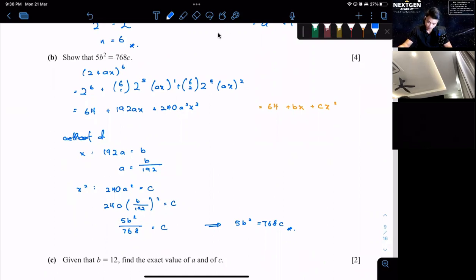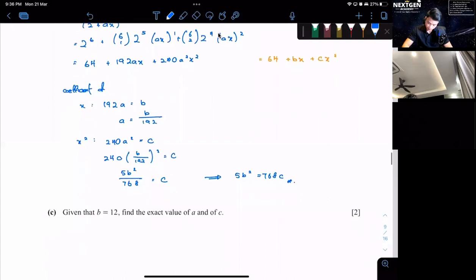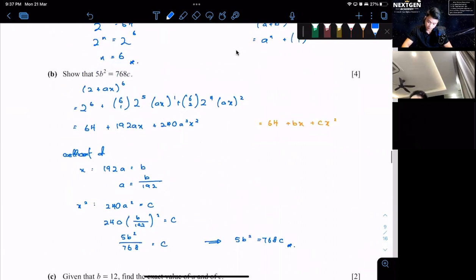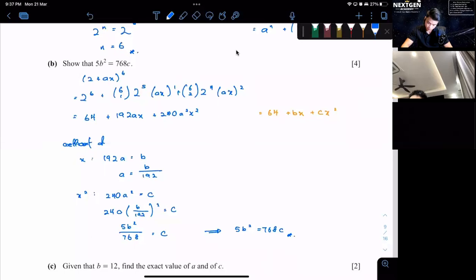Question: how to find from 240 times b over 192 squared to 5b squared over 768? Type into the calculator: 240 divided by 192 squared.